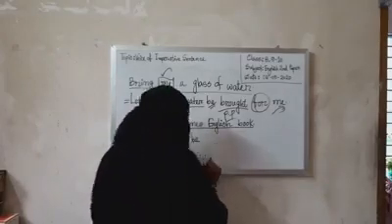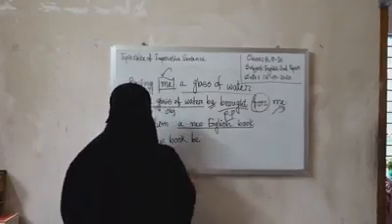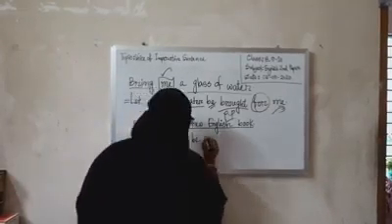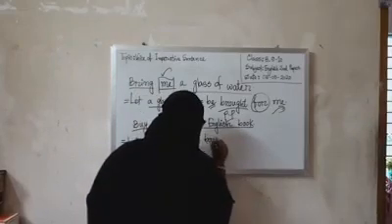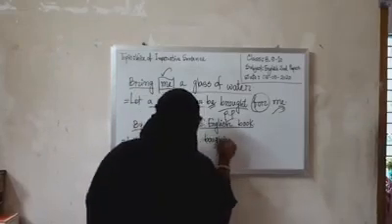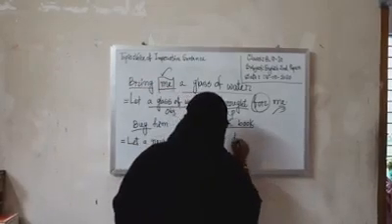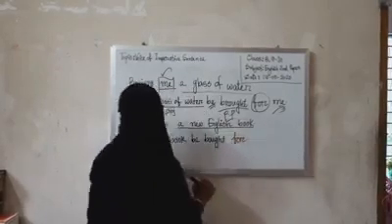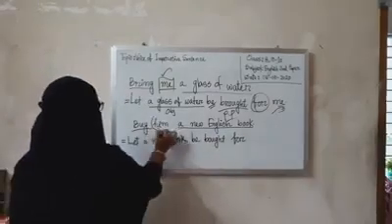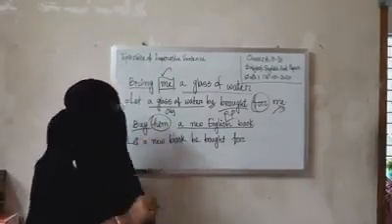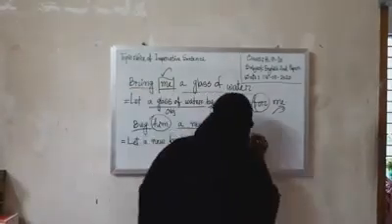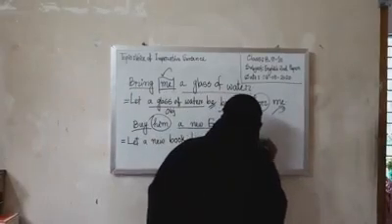Then the past participle form of the main verb. Let a new book be bought. And then we have to use for, and then the personal object of the sentence.